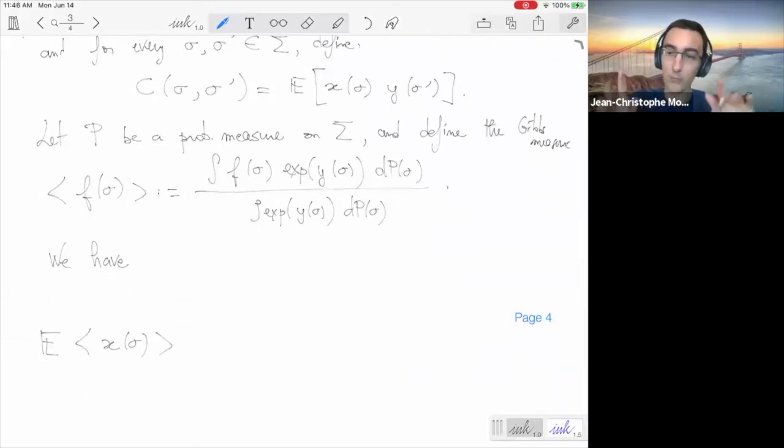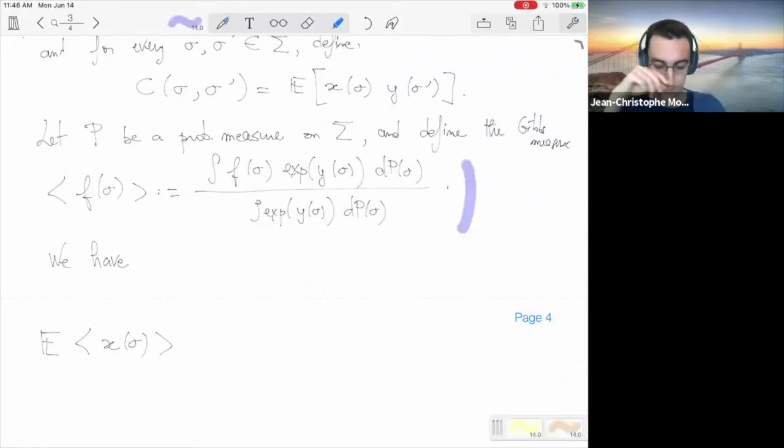But maybe it's best to think of this bracket as being notation for this ratio. So we have X and Y, they are just Gaussian fields, and we're trying to compute the expectation with respect to X and Y of, let's say, the integral of X of sigma exponential blah, blah, divided by exponential blah, blah.